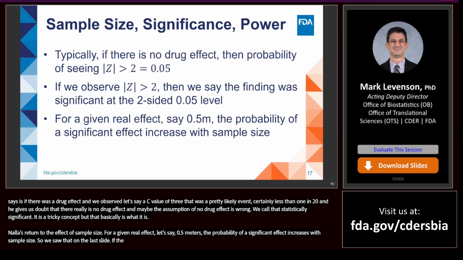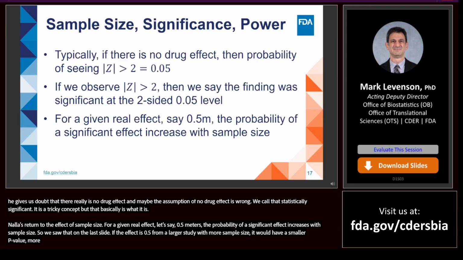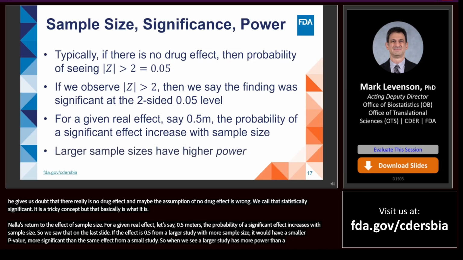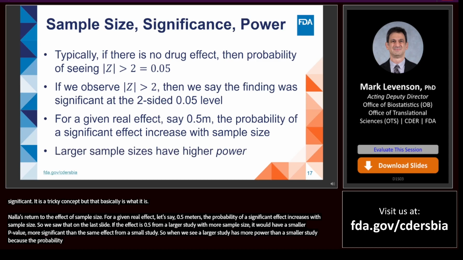So we say a larger study has more power than a smaller study, because the probability of seeing a statistically significant result for the same effect size is larger. So to say that again, larger sample sizes have higher power.